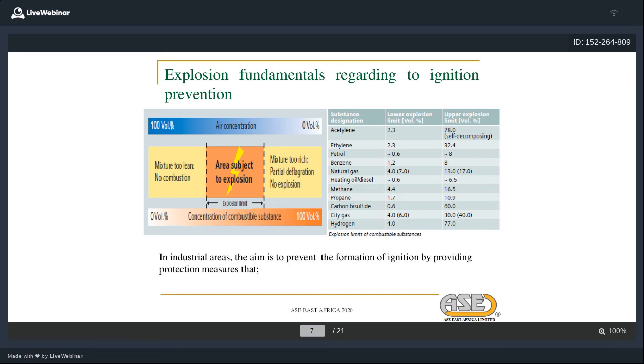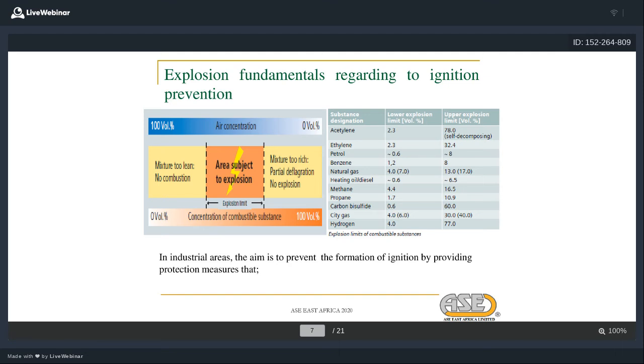And when the mixture is too rich, meaning the concentration of combustible substance is more than the air concentration, we call the mixture too rich, and there is partial deflagration.